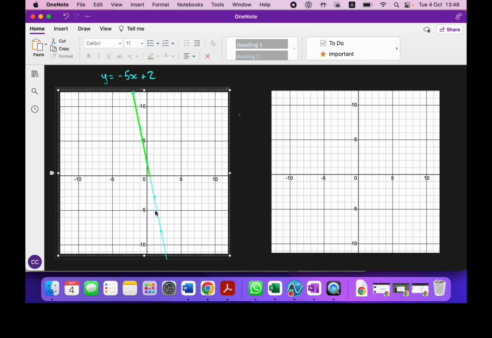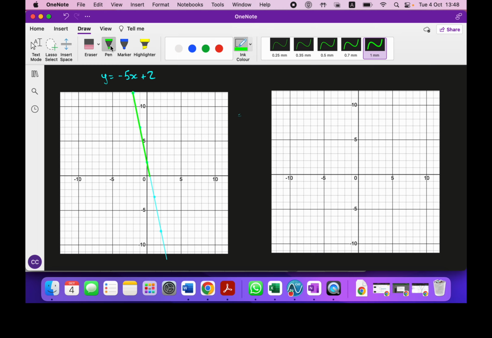Now what's going to happen is all of these points that we found before are going to flip up to the positive. So where this one is at -3 to start with, it's now going to be at +3.